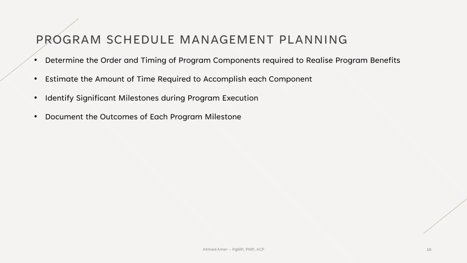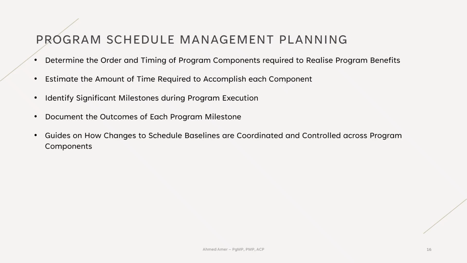The program schedule management plan is a component of the program management plan that defines how the schedule will be developed and managed. It provides guidance for coordinating and controlling changes to schedule baselines across all program components.